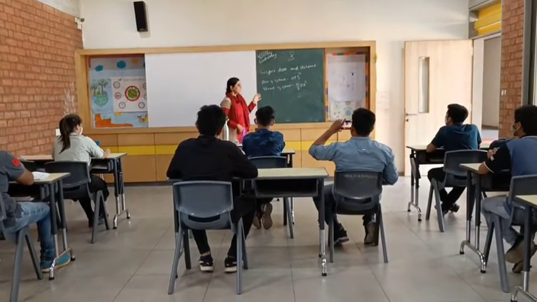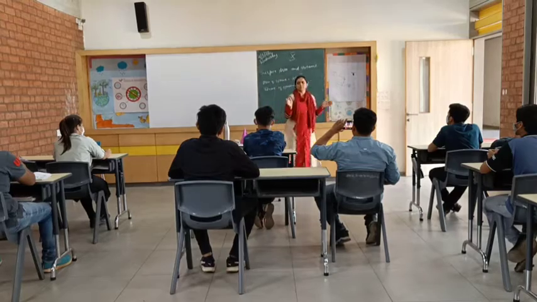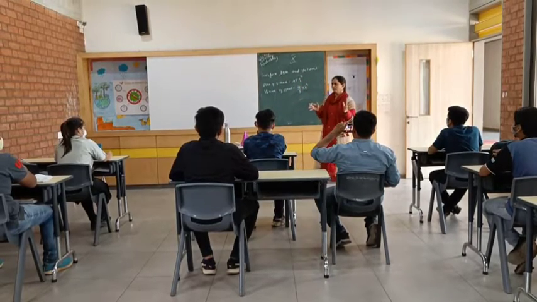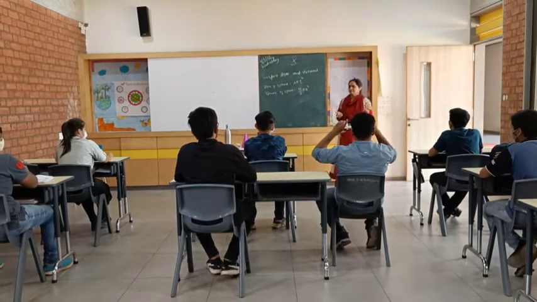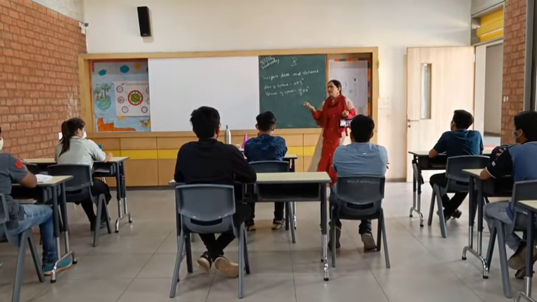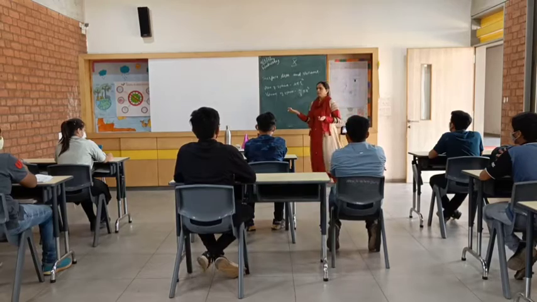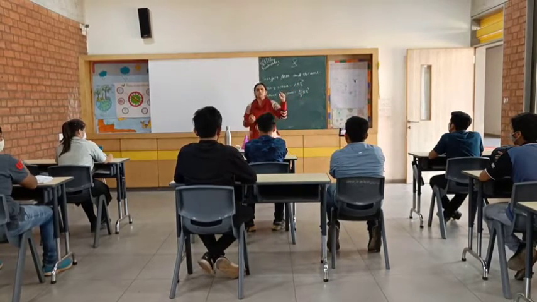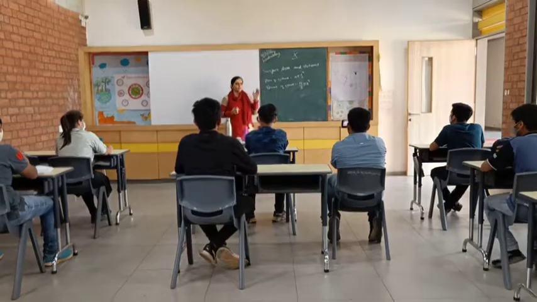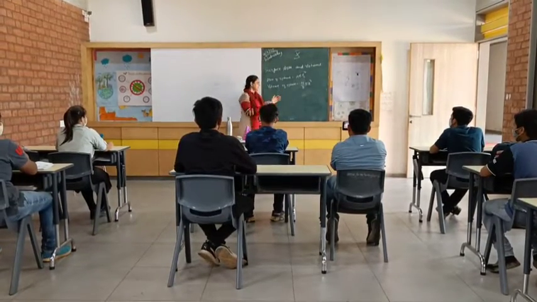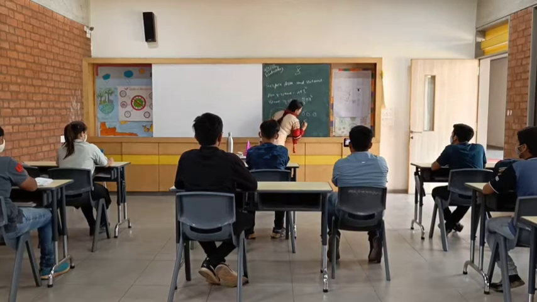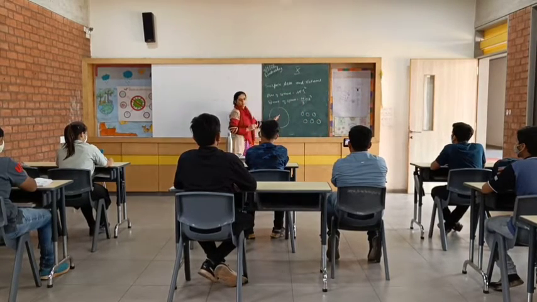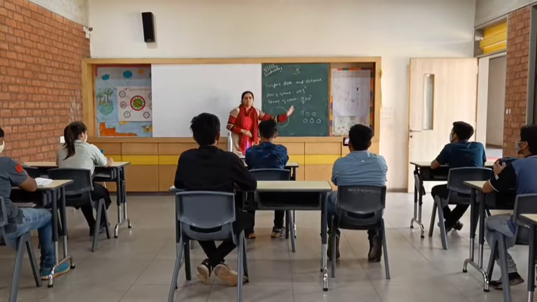For example, I have such a big sphere, not a football, bigger than that, made up of metal, let's say iron. I want to melt it and convert it into small spheres. Suppose I have the big metallic sphere and out of that I want, let's say, 6 small spheres. So I need to use the same material.